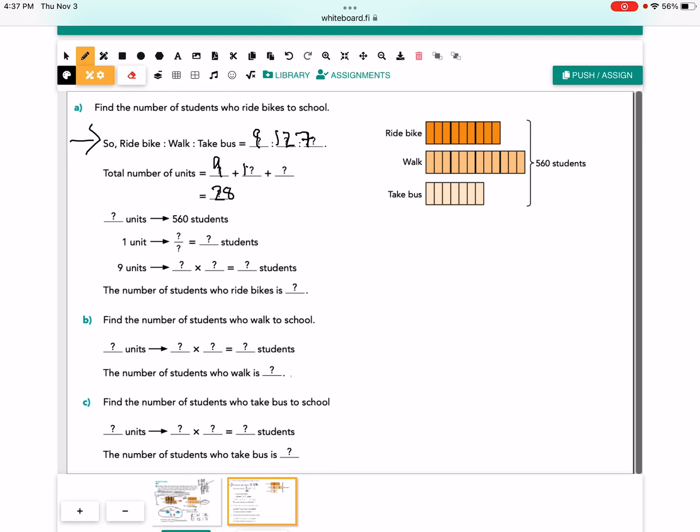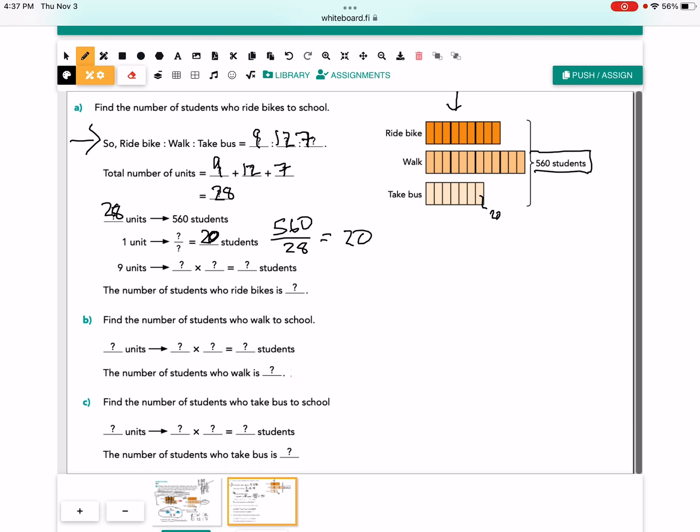So 28 units are 560 students. There are 28 little boxes over here in these bar models, and they represent 560 students. So in order to find one unit, we have to divide 560 by 28. And as we do that, we see that there are 20 students for each unit. So every one of these is 20.